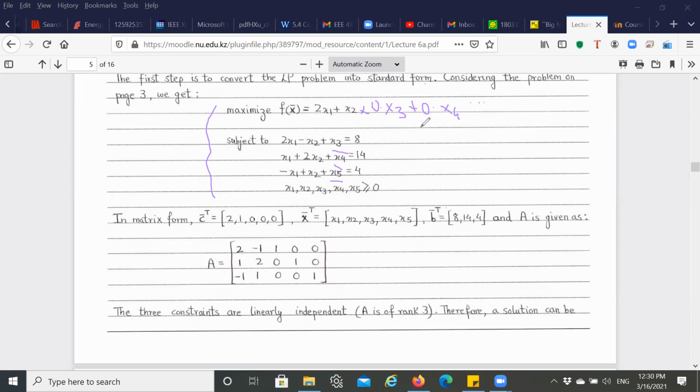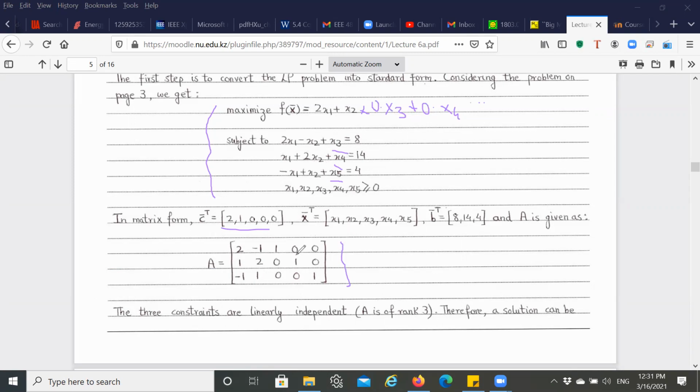Then the x column vector would be for all the variables that you have, including the slack variables, b would be the right-hand side of the constraints, and A would be the coefficients of the constraints, which is given over here.